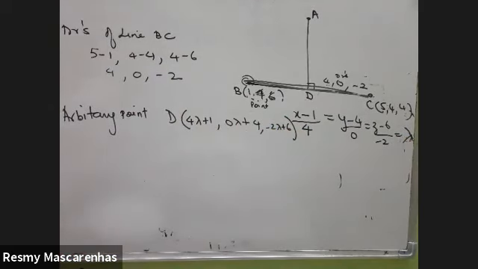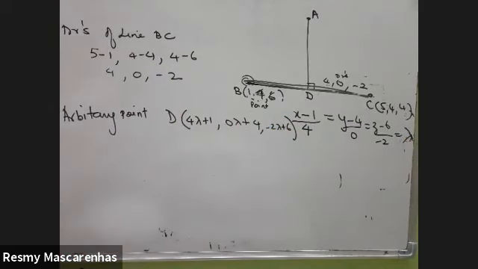A is given, no? So you got the arbitrary point now. You already know the direction ratios of line BC. Now which are the two perpendicular lines, AD and BC? BC I already got. Now find the direction ratios of line AD, again the same way: second point minus first point.